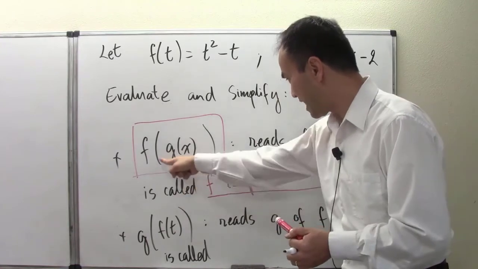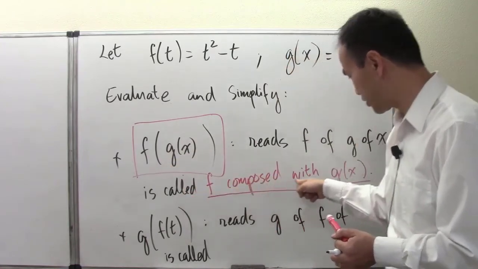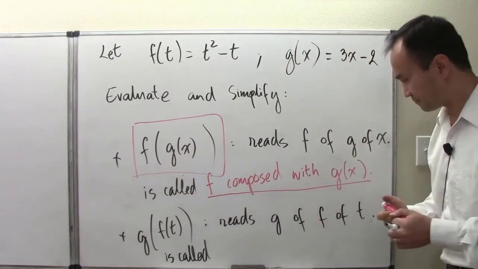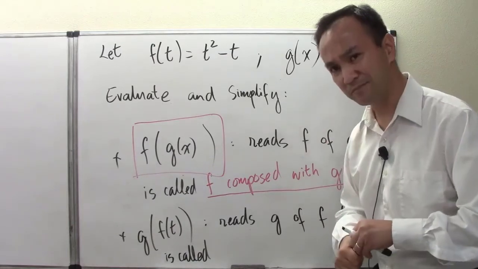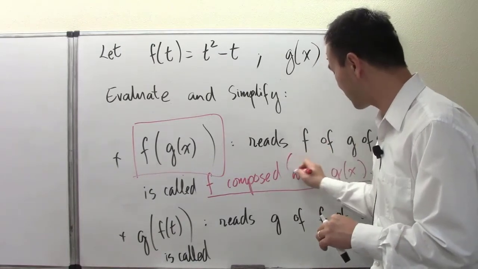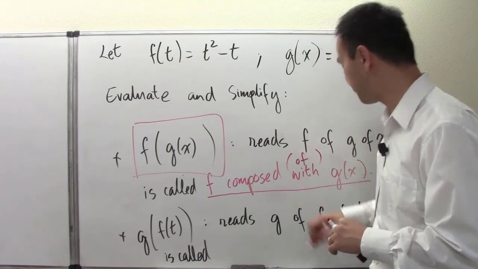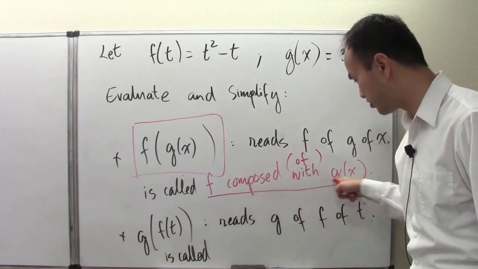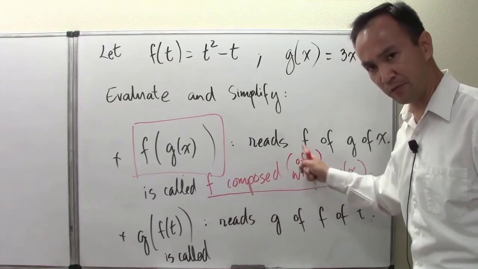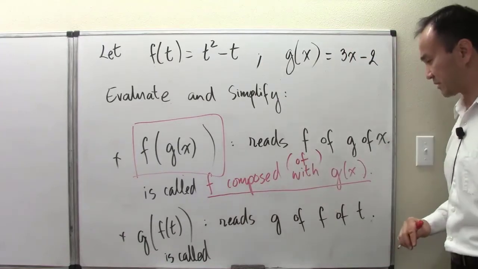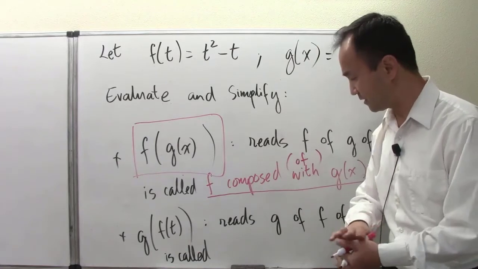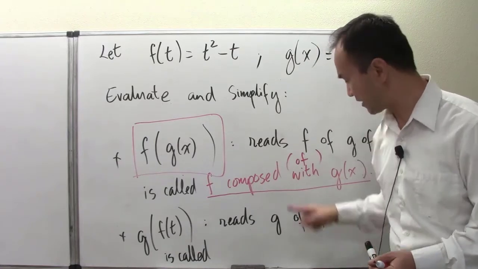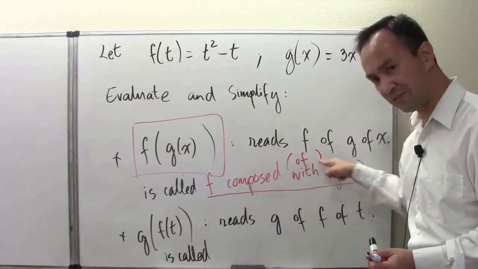That's why it's called f composed with g. I have heard some older textbooks use the term f composed of g. In the more modern day, it says f composed with g, but I've also heard some professors of earlier generations call that f composed of g.